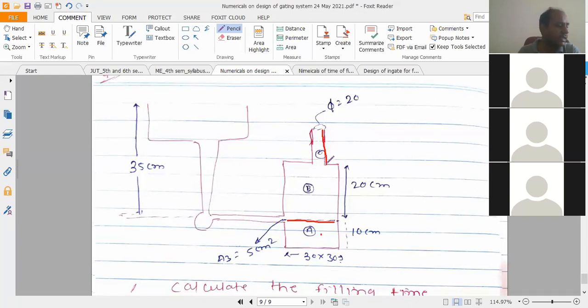The height of the riser is not given here. It will be equal to, I've solved it, 15 centimeter. I think you have to consider it the 15 centimeter. This height is equal to 15 centimeter.